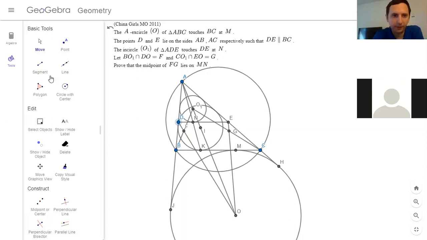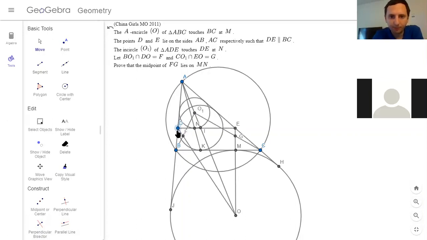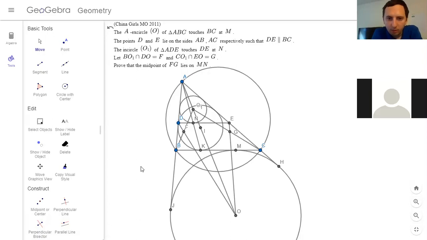It looks like it in the figure. How do we prove that? Is that obvious? I don't know if it's like Pappus. It feels like some kind of projective geometry theorem, right? That FG is parallel to DE.